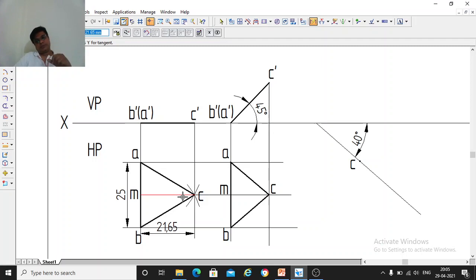So you take your compass and measure the true length of the median CM, and keep the center at this point C and draw an arc equal to this length CM. So draw an arc touching this line.